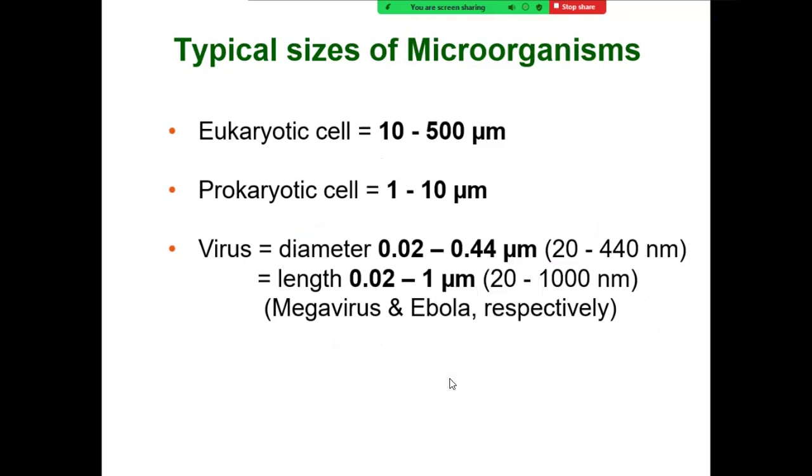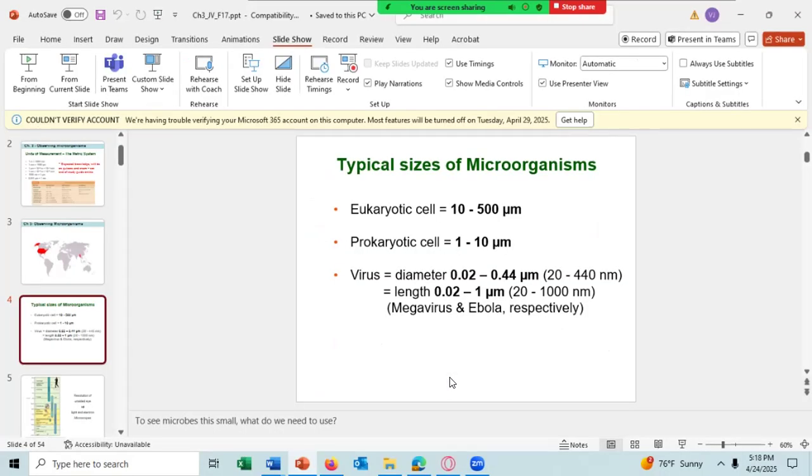You should know the sizes of microorganisms. A bacteria cell is measured in micrometers. Eukaryotic cells can be measured in micrometers, but a eukaryote cell is about 10 times the size of a prokaryote cell. And this is about a range, the average range of a cell.